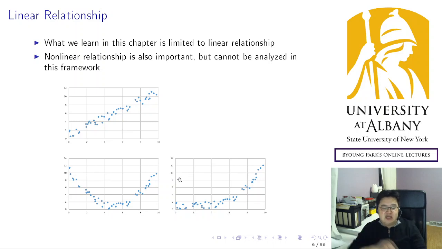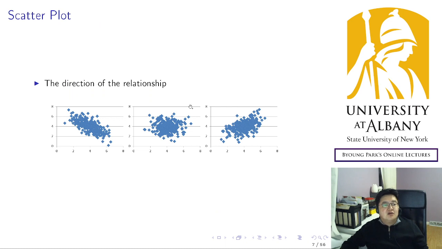So you have to understand the limitation of what you're doing, and I recommend you have a look at the scatter plot to see if there is any nonlinearity underlying the data. Then I'll show you more plots. This is an example of the direction of the relationship.